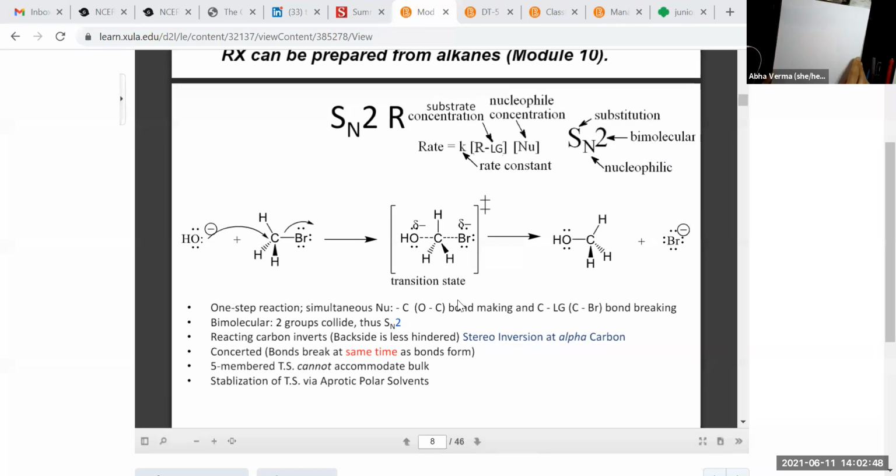Because all the conditions that SN2 requires is dependent on this 5-membered carbon transition state. First of all, this is the only time you will see carbon have 5 bonds.